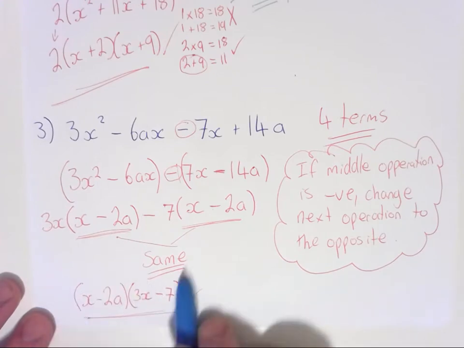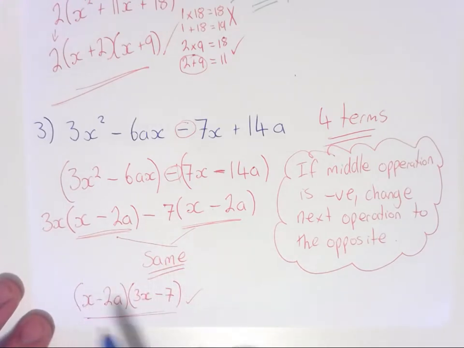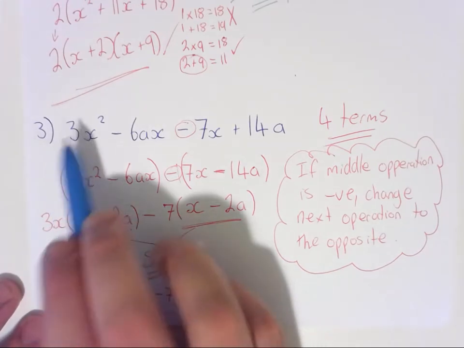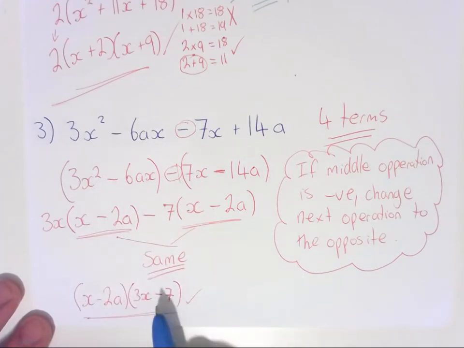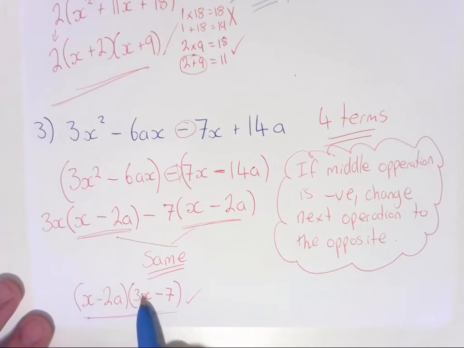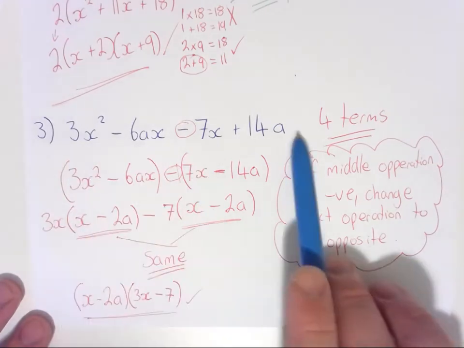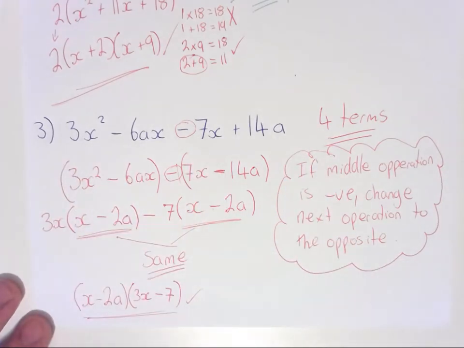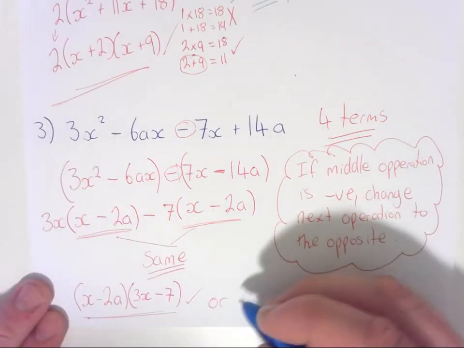You'll find if you expanded this, x times 3x is 3x squared, x times negative 7 is negative 7x, 2a times 3x, and then 2a times negative 7, we are going to get all these values here. Remember, you could also write this like this.